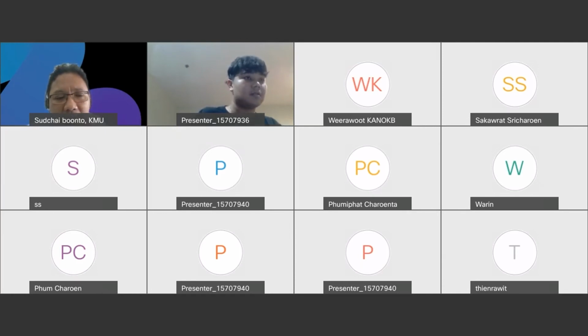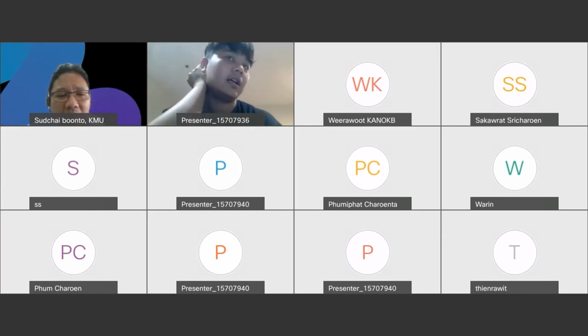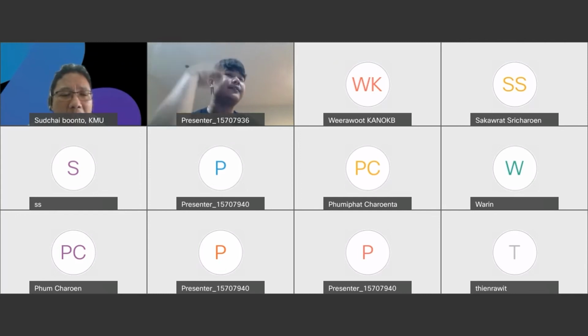Yeah. So what is the reason why you select the notch filter at that frequency? I need to reduce the 50 Hz frequency because 50 Hz is noise. It's a hum noise, maybe.